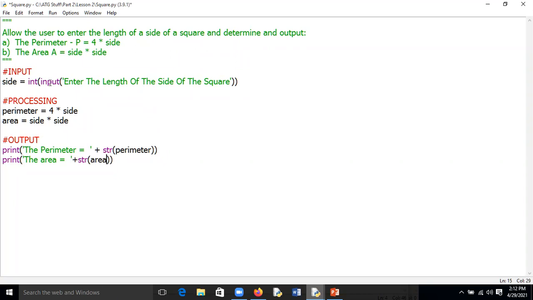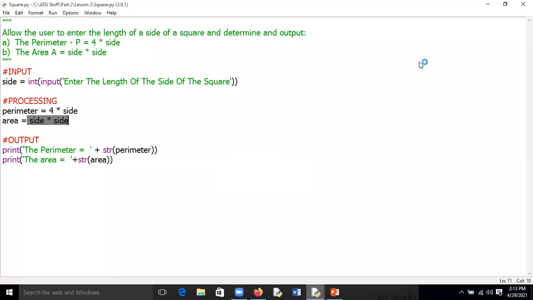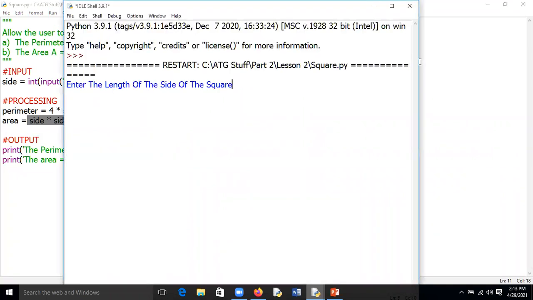All right, so once again we're inputting our side, the length of the side, as a string. Int is going to convert it, cast it into an integer, and side is going to become an integer. Perimeter is 4 times the length of the side, and area is side times side. Now let us run it and check, and we'll put in a simple length.